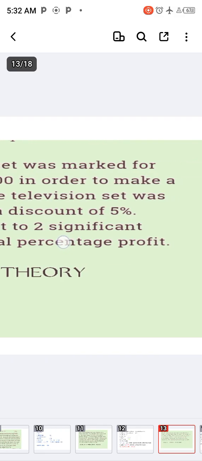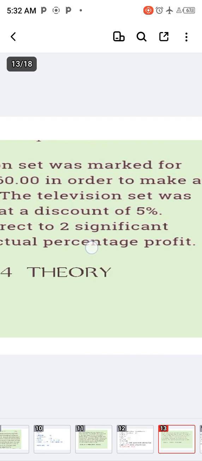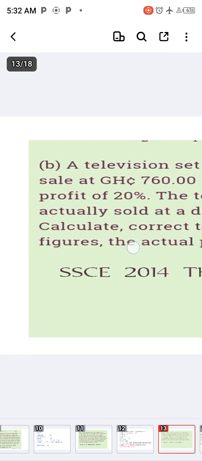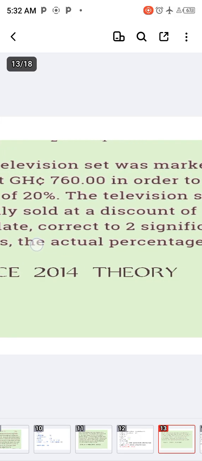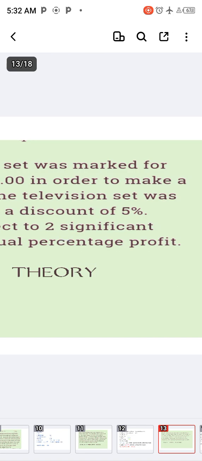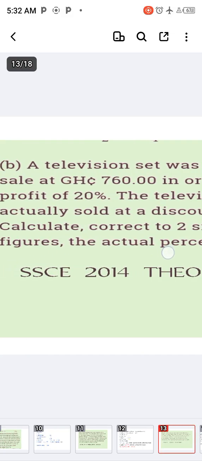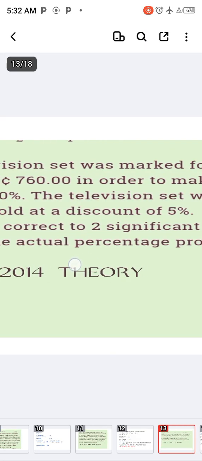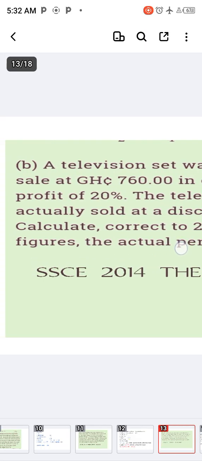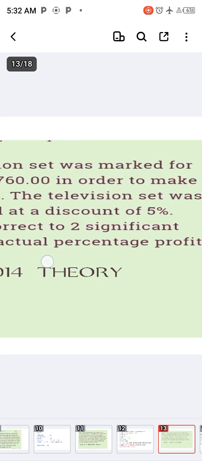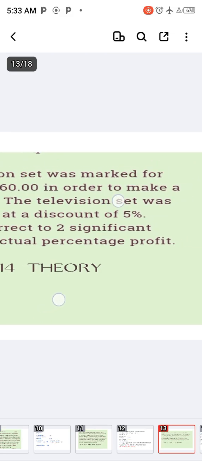The television set was actually sold at a discount of 5%. Calculate, correct to two significant figures, the actual percentage profit.